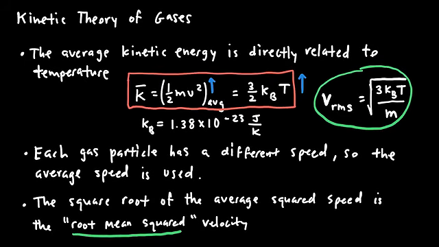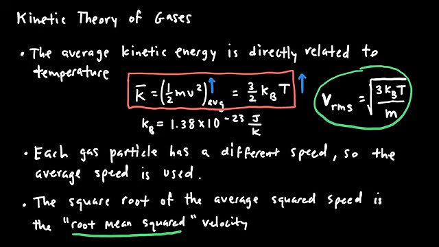And really what that is, is our best measurement of something like the average speed of one of these particles that would be in a gas, which could have a wide range of different speeds. And what's important here is that as long as you remember the equation that's in the red box, then you should always be able to solve for the root mean squared velocity, because all we're doing is solving for v in the equation on the left.